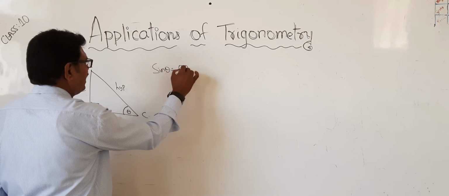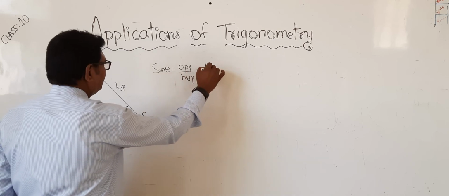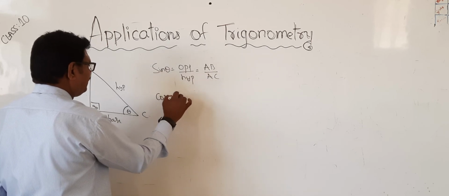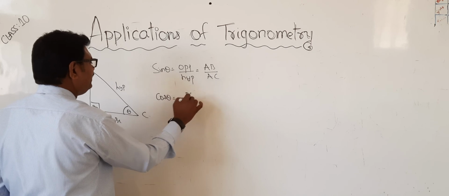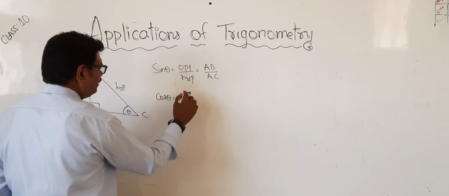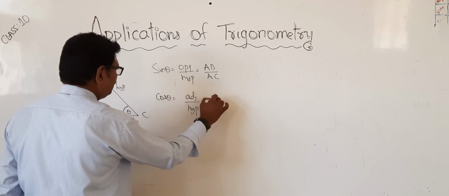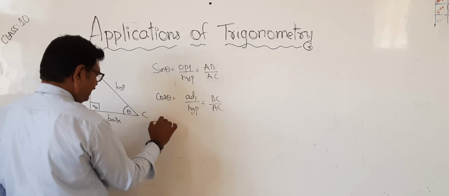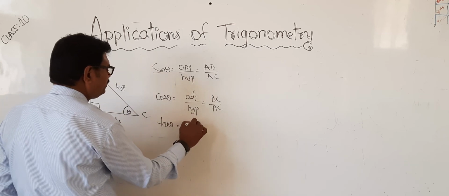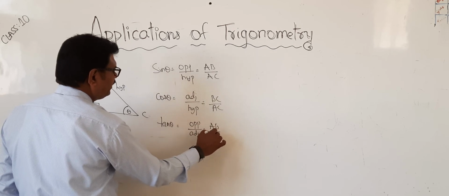Sine theta is nothing but opposite divided by hypotenuse. It is nothing but AB divided by AC. Like that only, cos theta is adjacent divided by hypotenuse, that is nothing but BC by AC, and tan theta equal to opposite divided by adjacent, that is AB by BC.